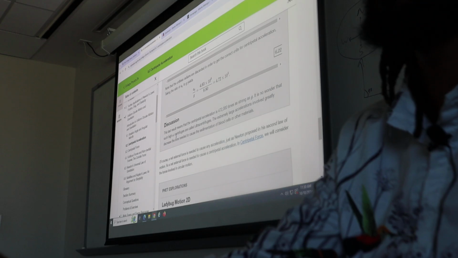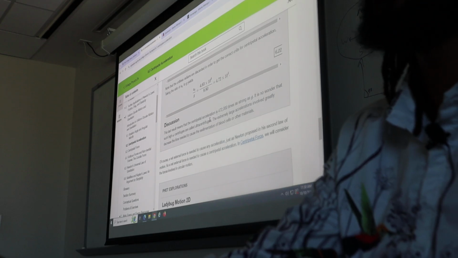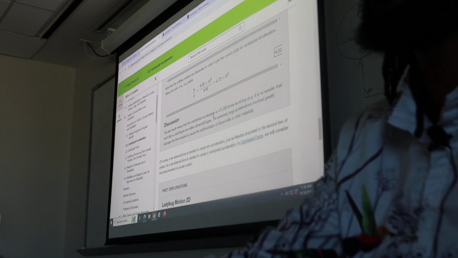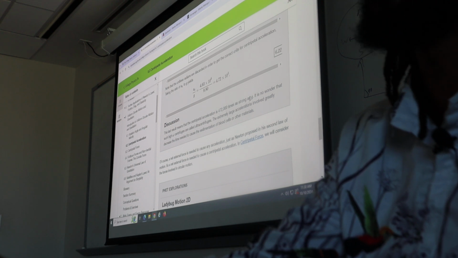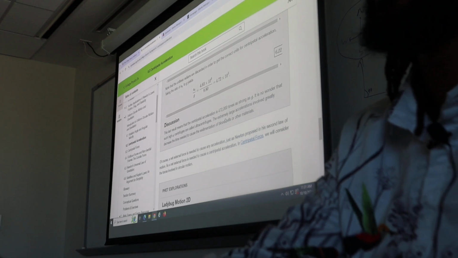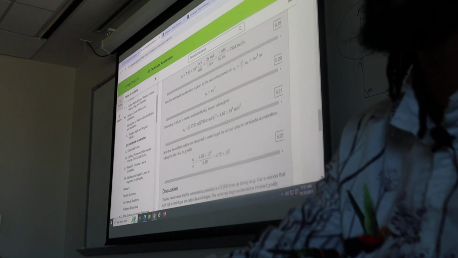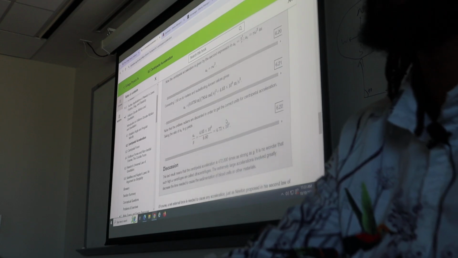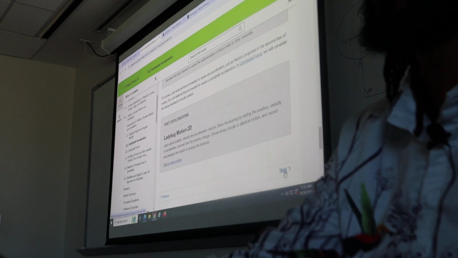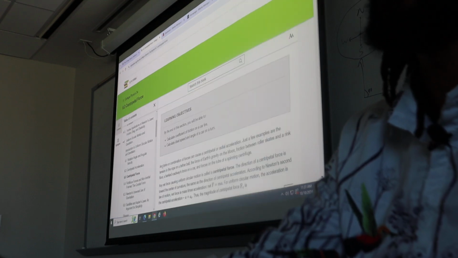In this one, the centripetal acceleration is 472,000 times as strong as gravity. That is very intense. An ultracentrifuge. We did that.